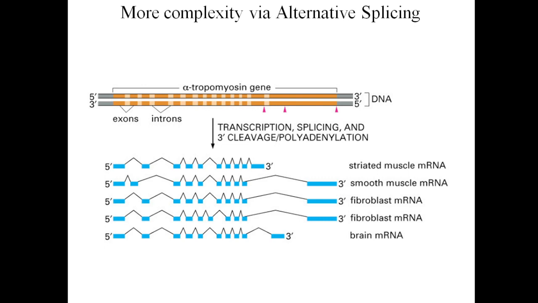We said that the number of genes in the human genome is near 21,500 genes, but the number of polypeptide chains coded by these genes is near 150,000.